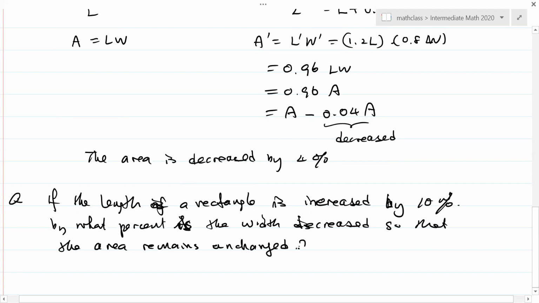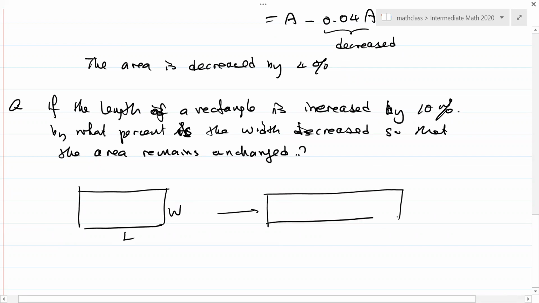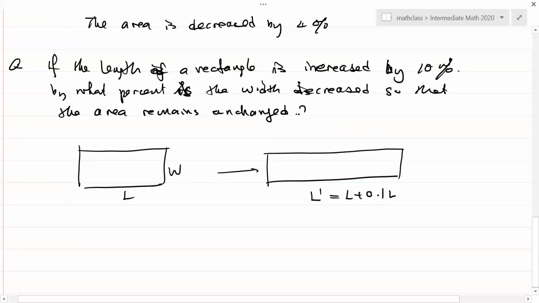All right, so this is a little bit difficult problem. So I know this is the width and this is the length, right? And I know the length is increased by 10%. That's going to be L plus 0.1 L. If I increase the width, I will increase the area. So in order to keep the same area, I know I have to decrease the width.